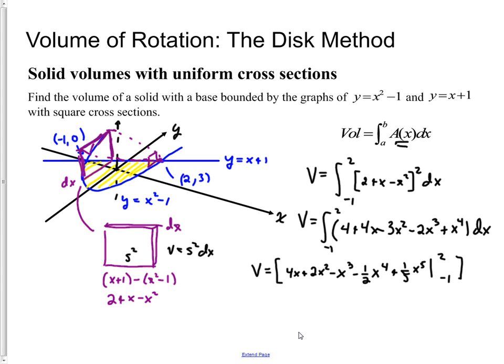Now, making the proper substitutions in here and subtracting, it turns out that my volume ends up looking something like this: 32/5, which is what I get by evaluating this whole expression at 2, minus negative 17 tenths, which is what I get by evaluating that entire expression at x equals negative 1.